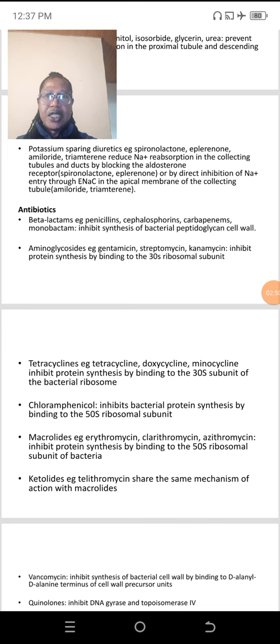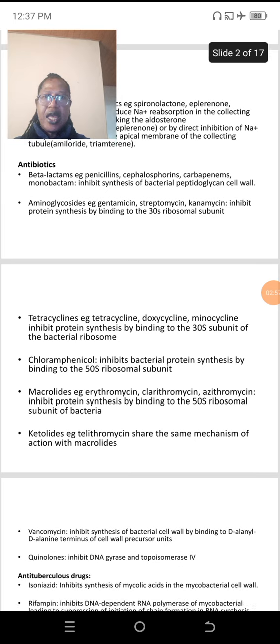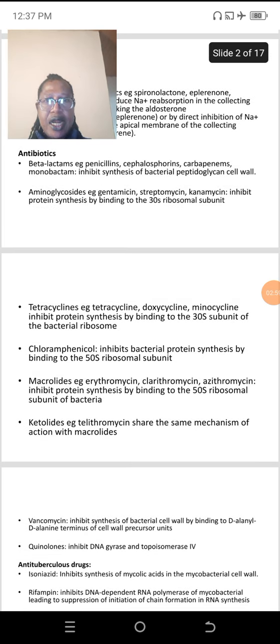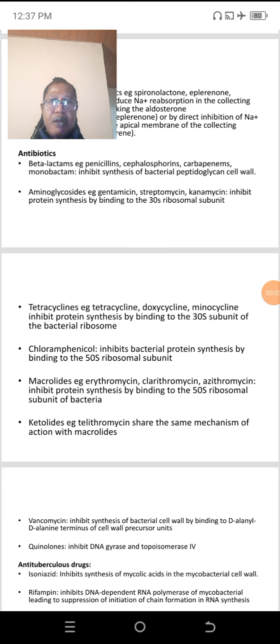Chloramphenicol, on the other hand, binds to the 50S ribosomal subunit to inhibit bacterial protein synthesis. The macrolides, erythromycin, clarithromycin, azithromycin, also inhibit protein synthesis by binding to the 50S ribosomal subunit of bacteria.